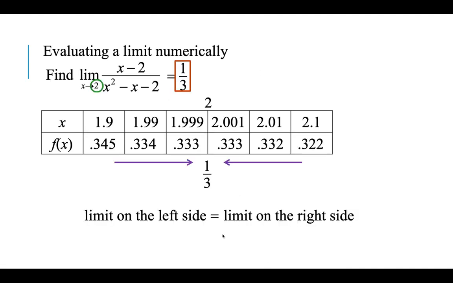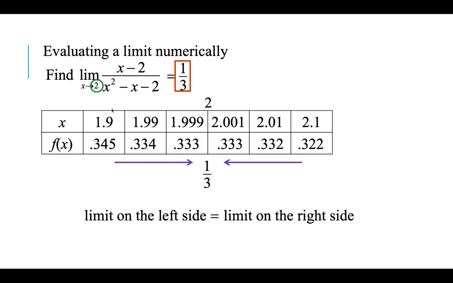One way to do this is to evaluate a limit numerically. If we were to try to evaluate our function when x equals 2, it's going to be undefined because we're going to get a denominator of 0. 2 squared is 4, 4 minus 2 is 2, minus another 2 is 0. So f of 2 is undefined.